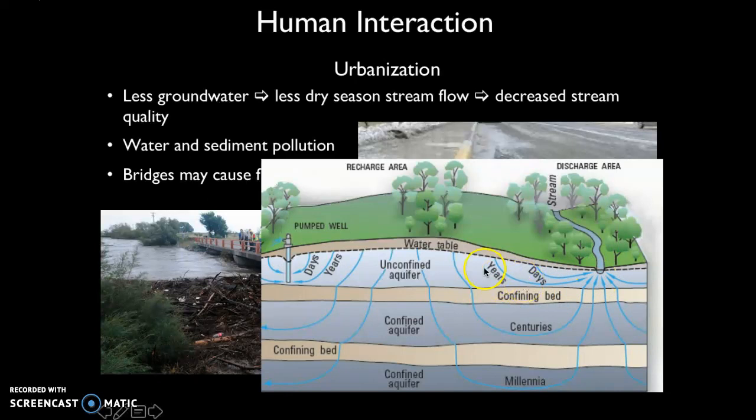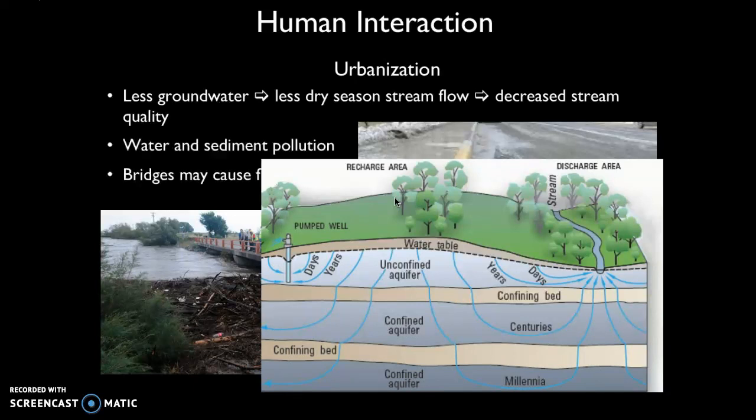Without it going into the ground, cleaning itself, and going back into the stream, the water will remain dirty, if you would, or polluted. So that is another disservice of the lesser groundwater from the speeding up of that lag time.